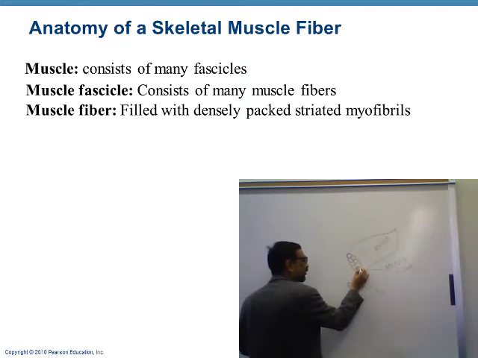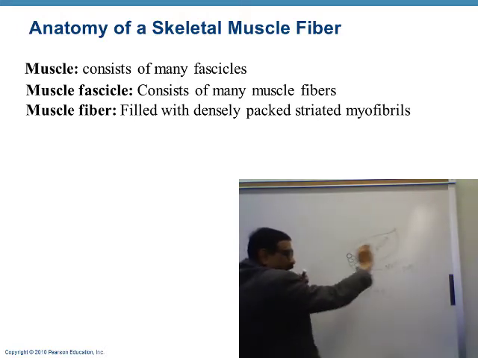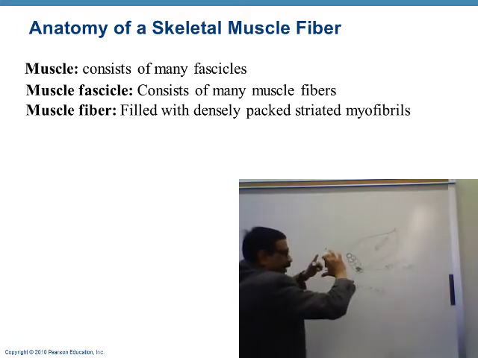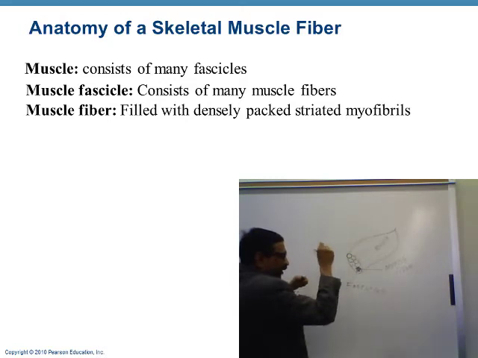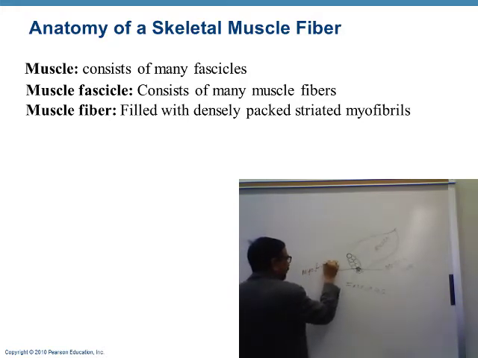These are called myofibrils. If you make a cross section, you will see many dots. Those are actually thin rod-like fibers, many bundled together. So if you cut, you will see many dots. Myofibrils.